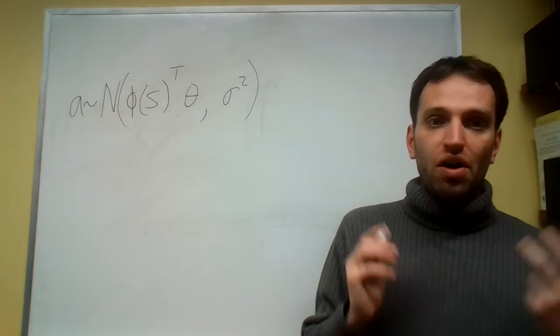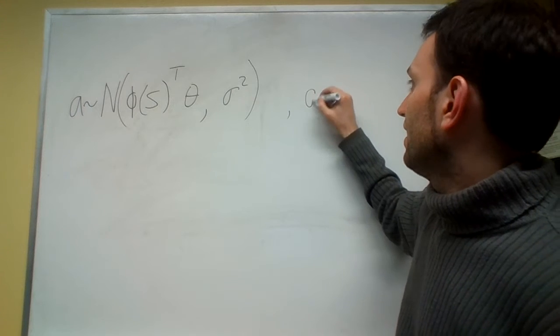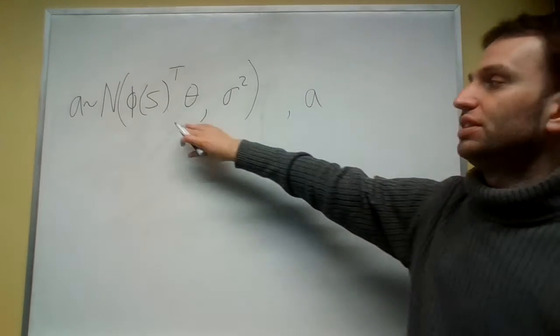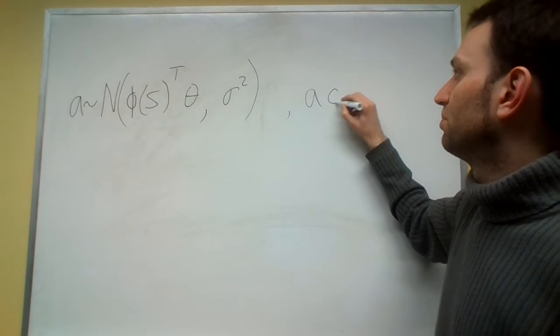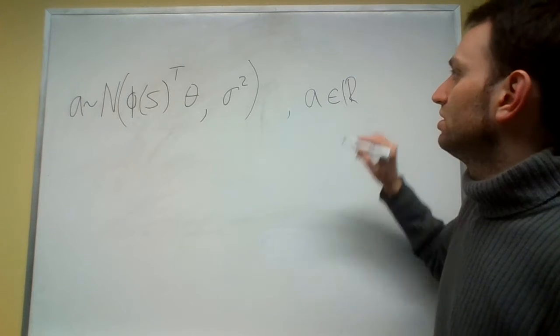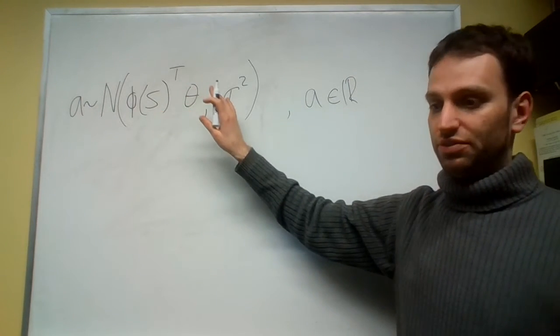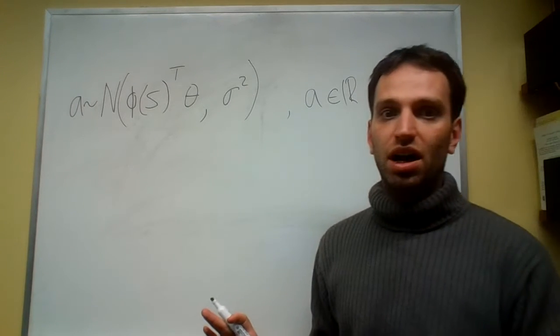Okay. So in this case, A is going to be a real number, conceivably any kind of real number, although probably it's going to be somewhere around this mean. And depending on the state, it's going to be different. So, okay, that's your basic Gaussian policy.